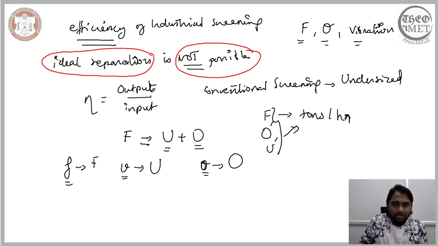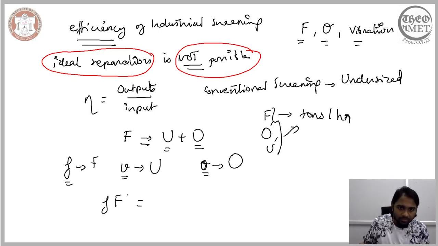Now, this expression along with these different fractions can be expressed as follows. The combination of the fraction along with the overall feed will give you the amount of the undersized particles that is present in the feed.